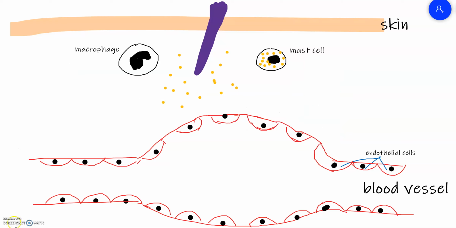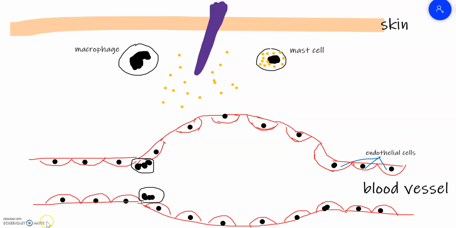Okay, so now back to vasodilation. If you recall, I said that vasodilation changes the hemodynamics of the vessel, leading to more blood flow in the area. But the blood also becomes slower in the blood vessel. This results in the inflammatory cells, in particular the neutrophils, taking a more marginal route in the blood vessel, which means it tends to like to travel along the sides of the blood vessel.